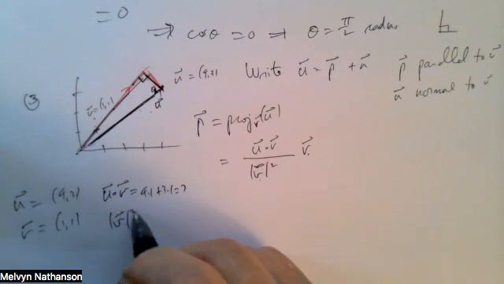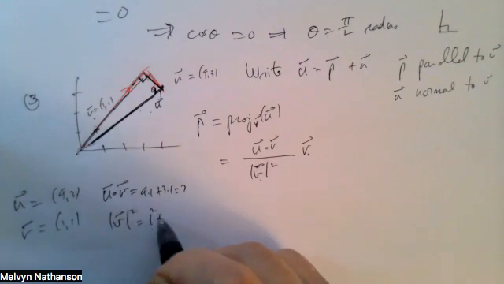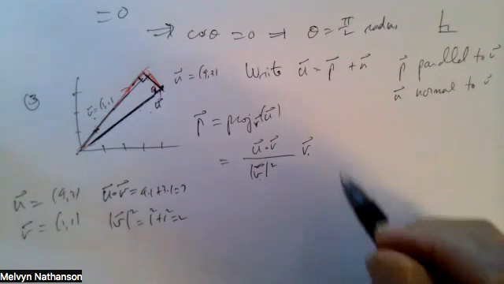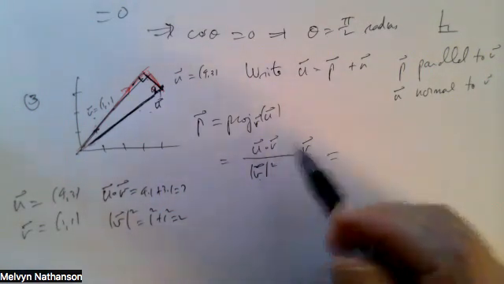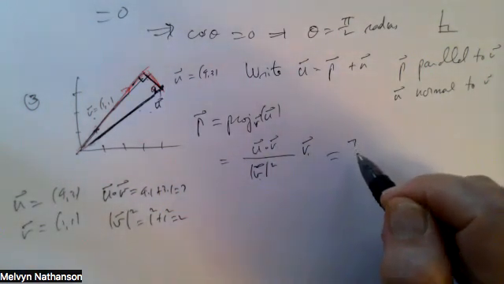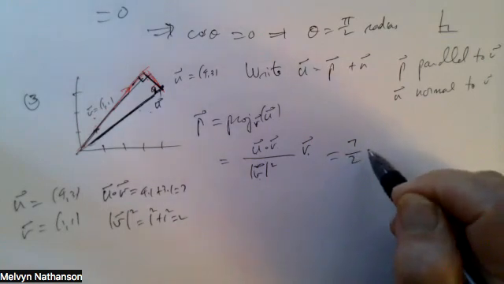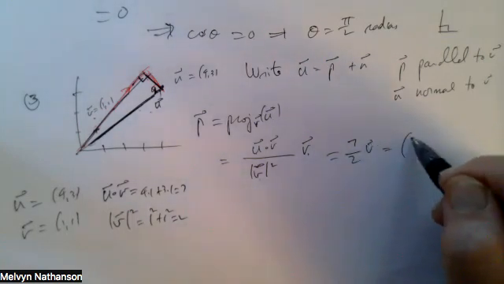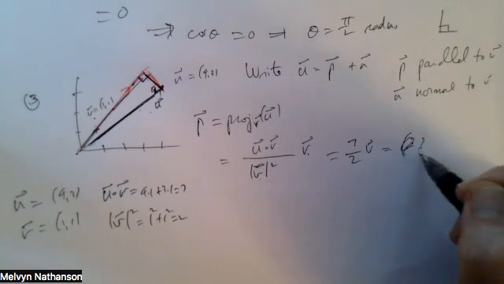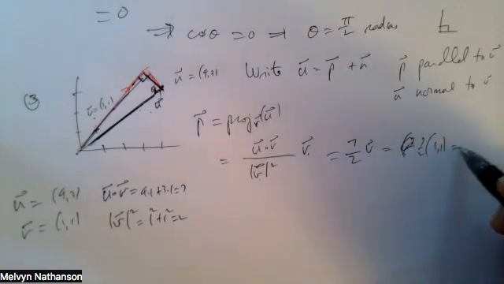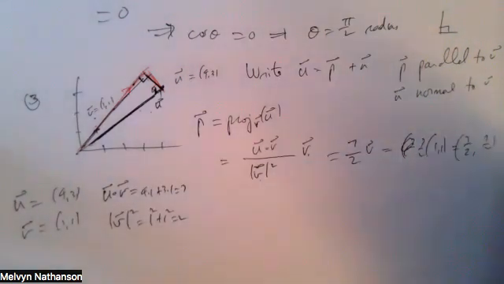The length of V squared is 1 squared plus 1 squared, which is 2. So this is equal to U dot V over length squared times V, 7 halves V, or 7 halves times the vector 1, 1, or 7 halves, 7 halves. So this is the projection on V.